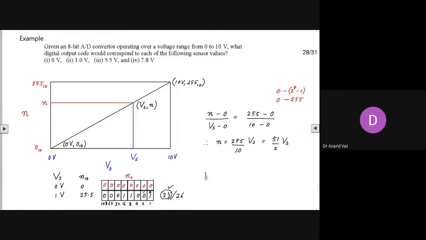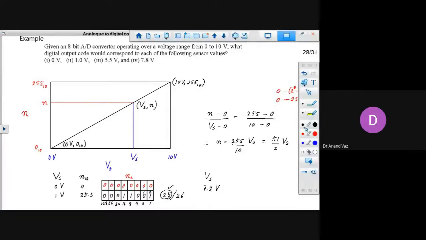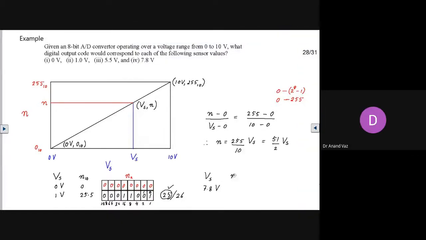So VS is 7.8, and corresponding to this, N10. Can you tell me what is N? Corresponding to 7.8, 51 by 2 into 7.8.